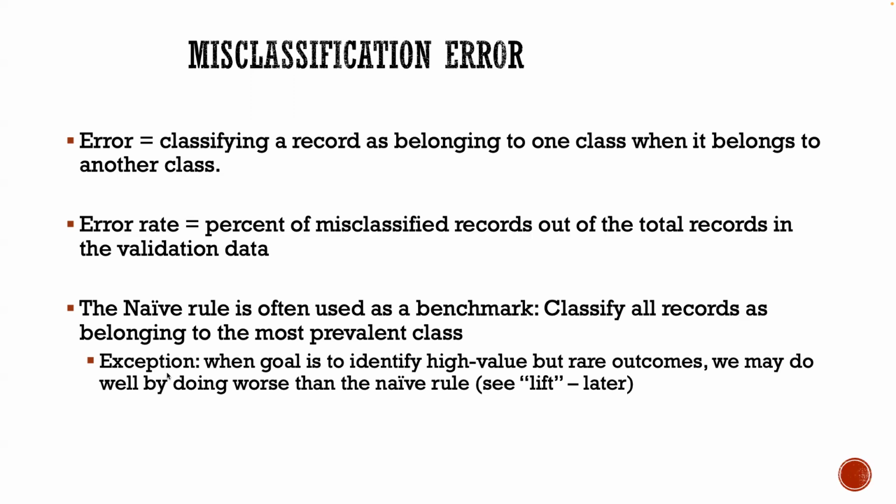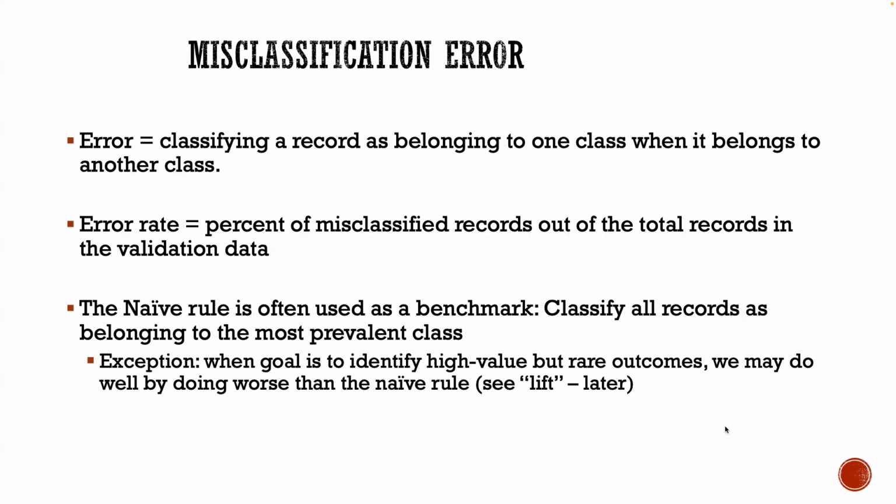Sometimes we are interested in identifying high value but rare outcomes. Sometimes we are interested in specific situations which give us very high returns, but they happen very rarely. In those cases, we actually would want to do worse than the naive rule that we have here.